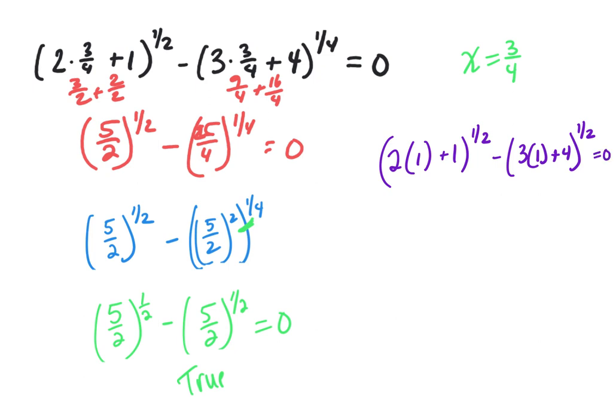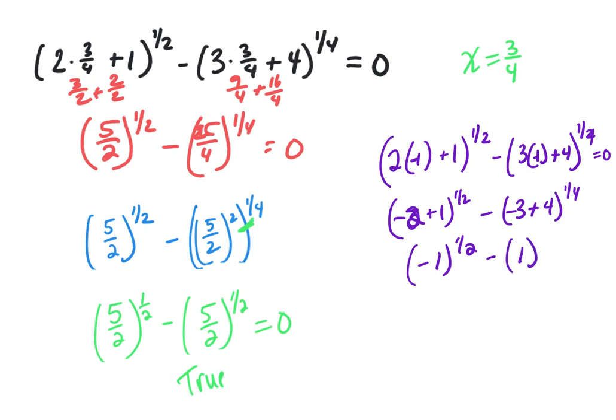So 2 times negative 1 plus 1 is negative 1, and negative 3 plus 4 is 1. So negative 1 to the 1/2 minus 1 to the 1/4.